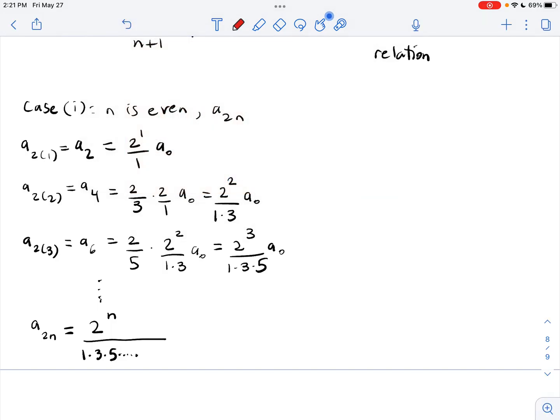Well, think of it this way. At 2, we end up at 1. At 4, we end up at 3. At 6, we end up at 5. In other words, we always end up 1 less than where we started.